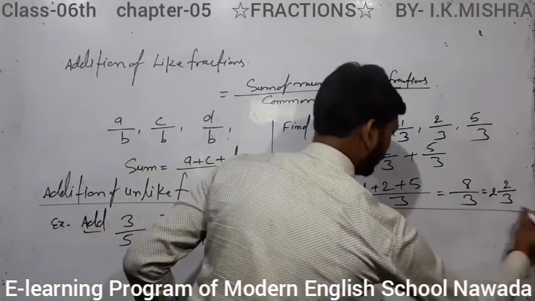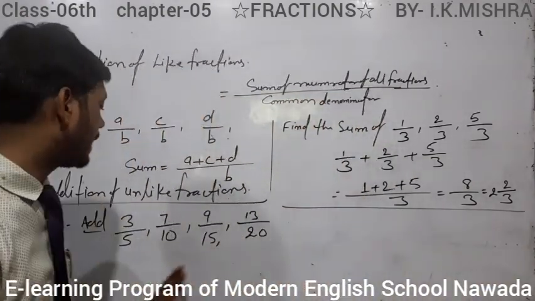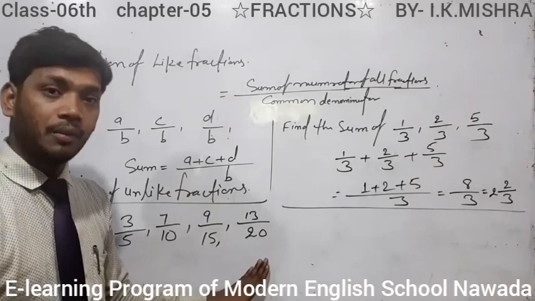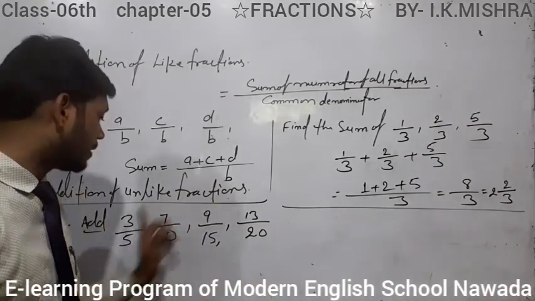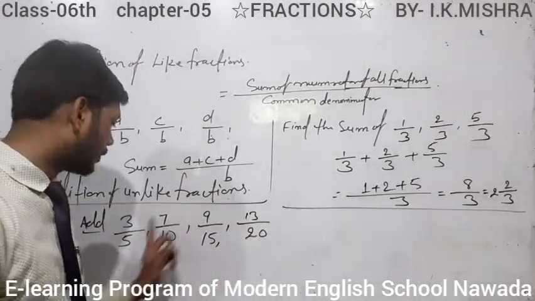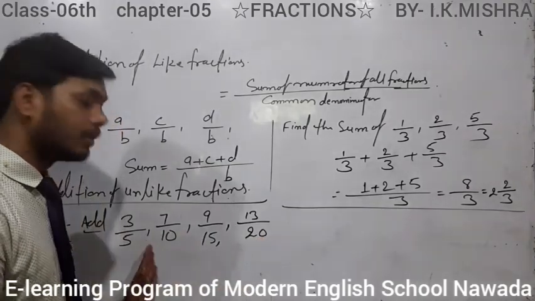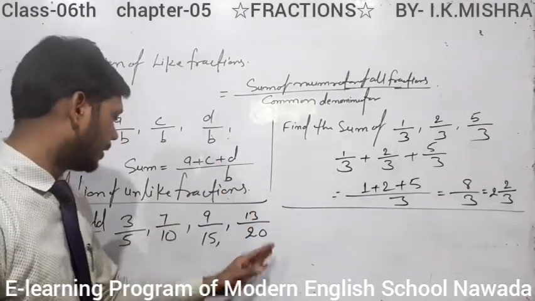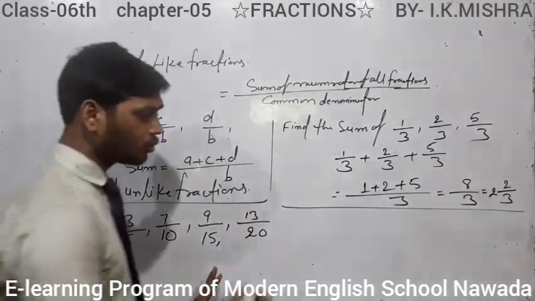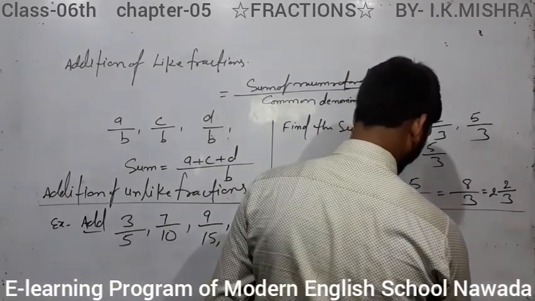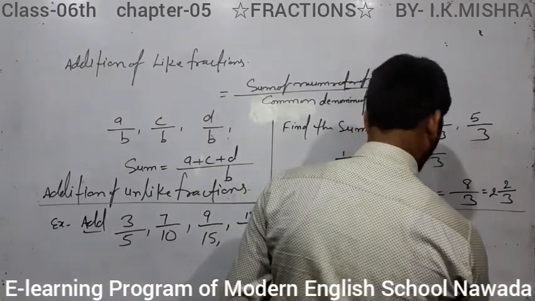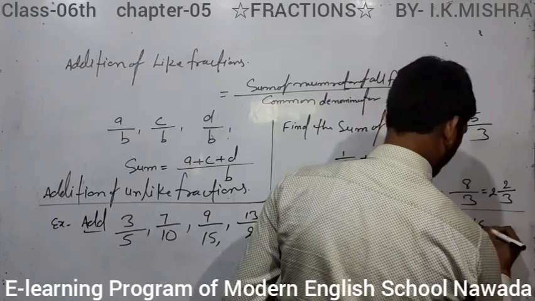So do the process. First, find the LCM of all of these denominators, because when you change these into like fractions, first you have to change the denominator into the LCM. So you have to find the LCM of 5, 10, 15 and 20.